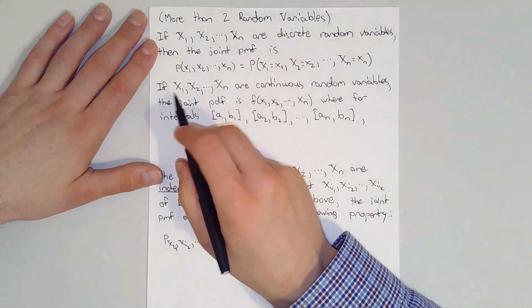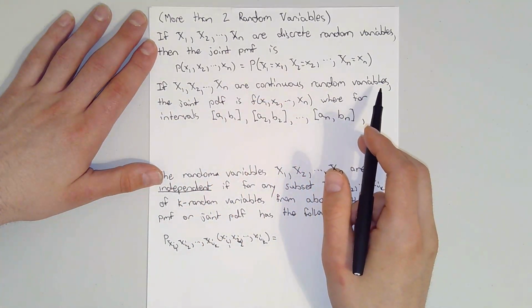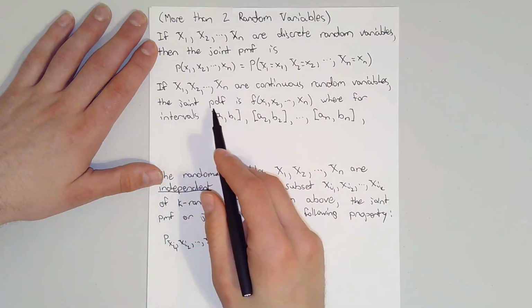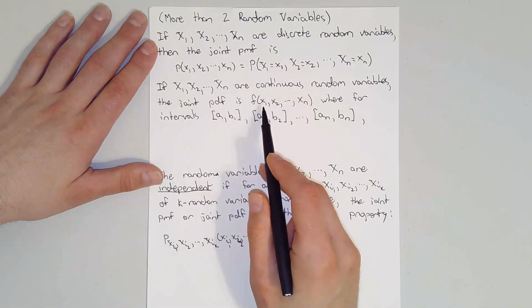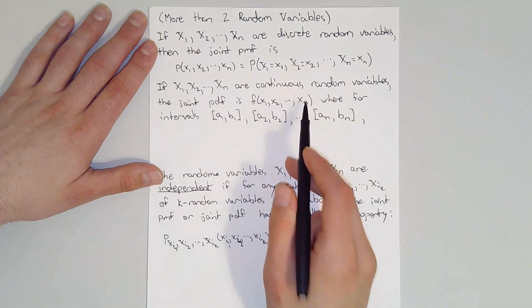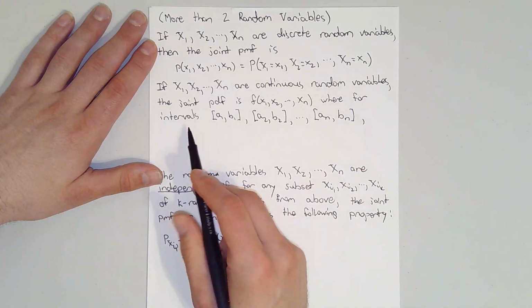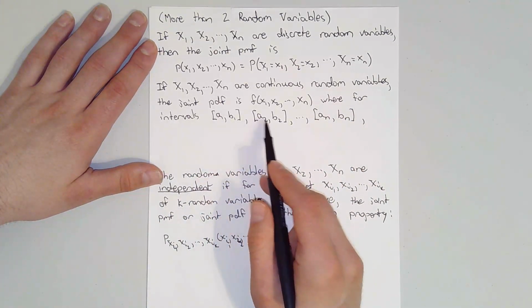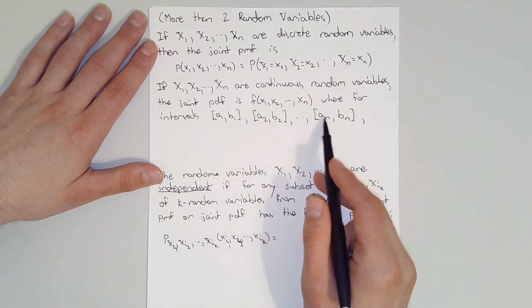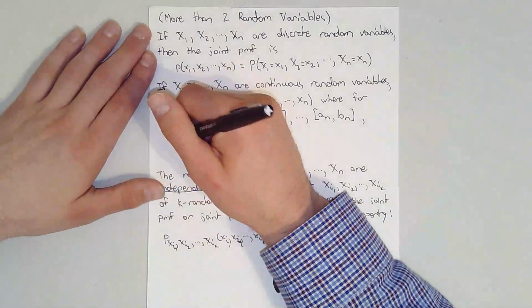Similarly, if X sub 1 through capital X sub n are continuous random variables, then the joint PDF is a function of n arguments, x sub 1, x sub 2, all the way up to x sub n, where for our intervals, a sub 1 to b sub 1, a sub 2 to b sub 2, all the way to a sub n to b sub n, we have the following.